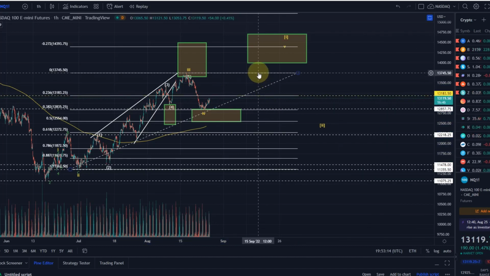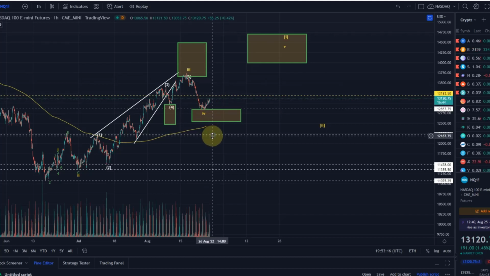As long as that's the case, I would say there is still downside pressure on the chart. If we break above that, there's a good chance we go higher already in wave 5. However, as we are below this, the view would be that at some point here we turn around and move down into the target range again, possibly all the way down to 12,540, the 50% fib level.